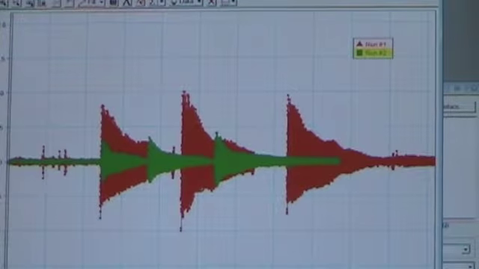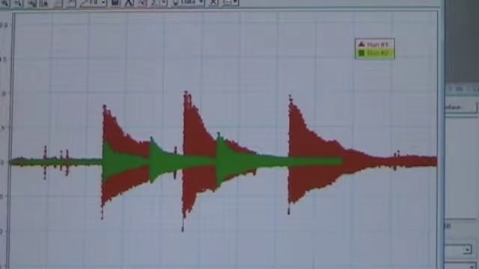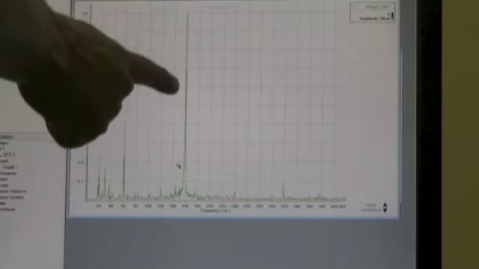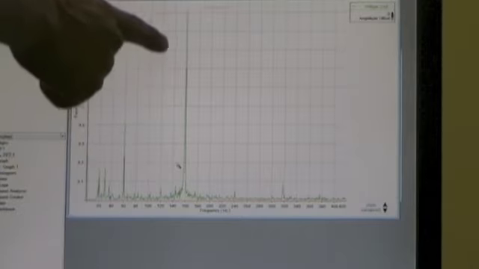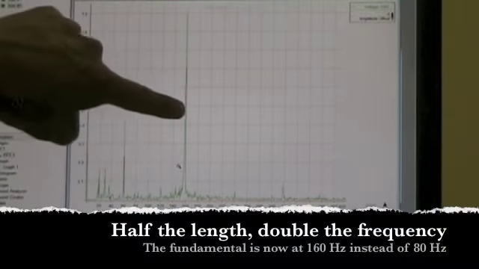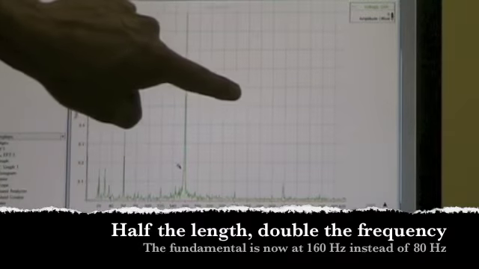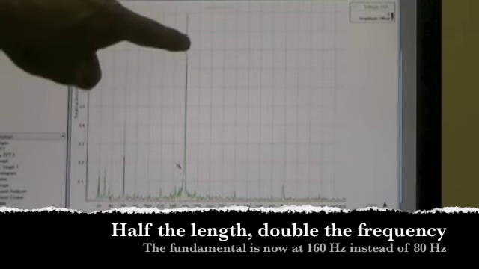And we're now going to grab that data, put it into the Fourier transform and see what frequencies are actually present. Just like before, we've got 160 hertz.